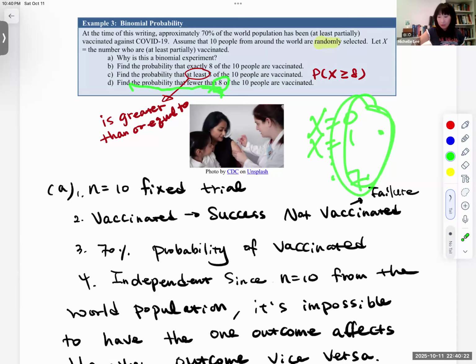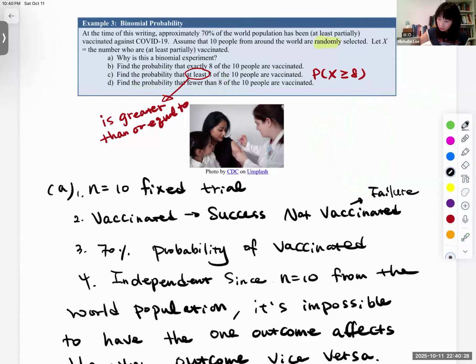I'm sorry, 0 to 7. Yeah, because fewer than 8, less than 8, right? Okay, let me write down. So fewer than, so x is less than 8. Yeah? Okay.